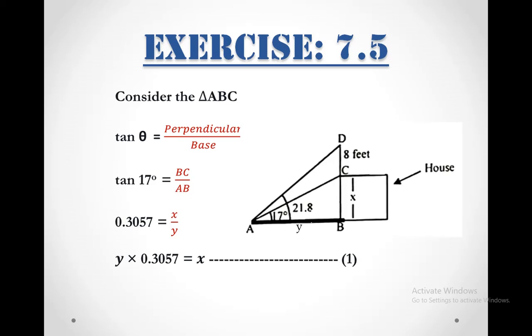So we have 0.3057 is equal to X over Y. Viewers, notice that both X and Y are unknown, so we have to write one variable in terms of the other. Multiplying Y by 0.3057, we have X. We call this equation number 1.